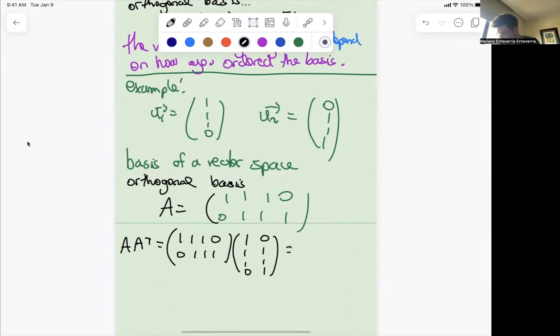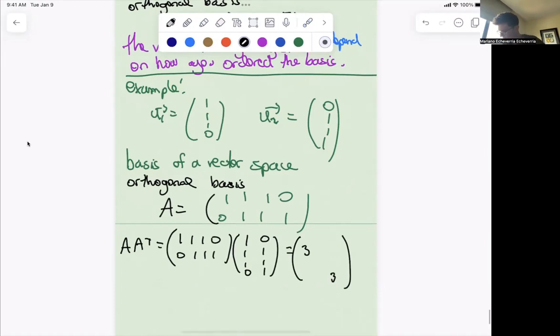It's not too bad, it's just going to be 2 by 2. So this gives you 3. This is a nice matrix, the numbers are not too bad. And then this is 2 and 2.